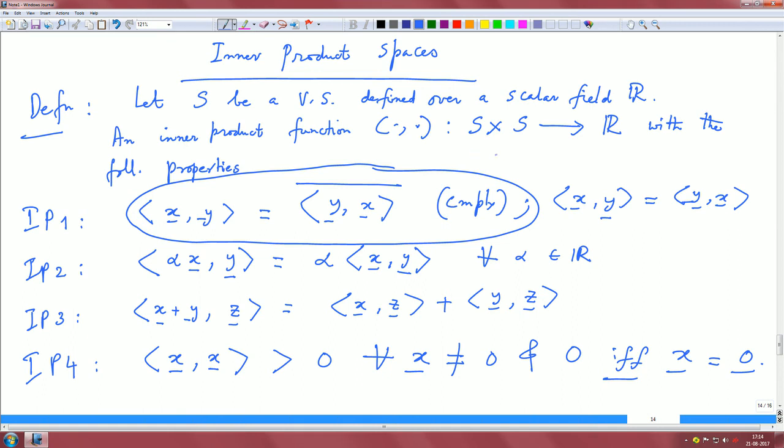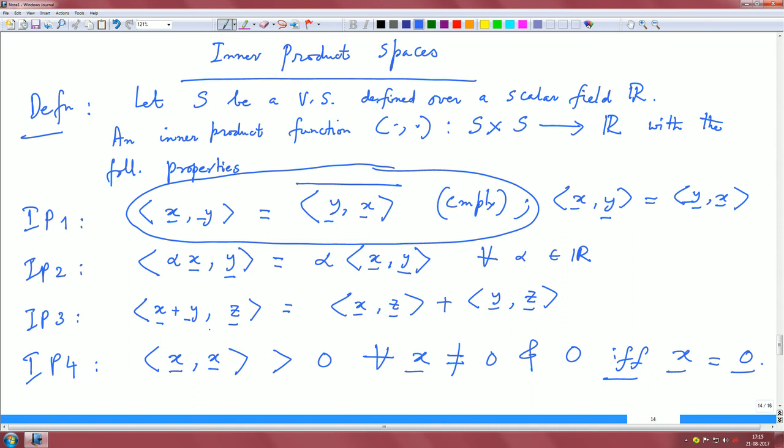Think about this definition: it is applicable to reals, and this is where you have to focus. The inner product of x, y is the inner product of y with x, and this is the property which holds. I just mentioned complex as an aside. If we define this inner product function to be a complex function, which happens in some applications in quantum information or various other areas, then we may have to modify and tweak some of these definitions slightly differently.